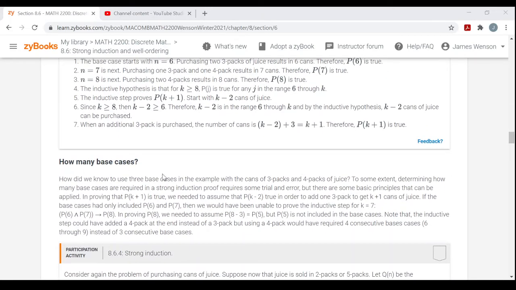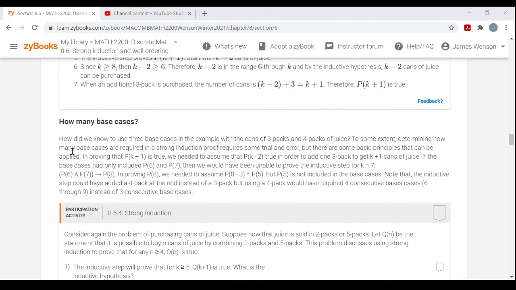So like I said, how many base cases are necessary? How did we know to use 3 base cases in the example of the cans with 3-packs and 4-packs? To some extent, determining how many base cases are required in a strong induction proof requires some trial and error, like I showed you. But there are some basic principles that can be applied. Again, they went back to k minus 2.